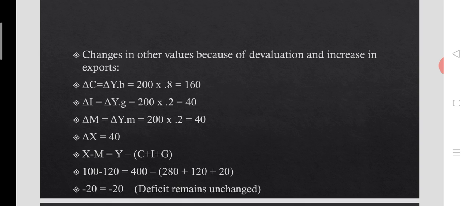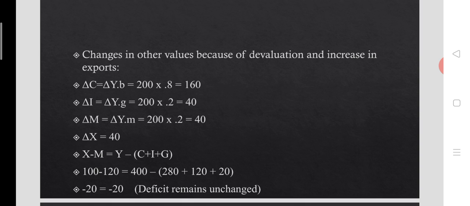And the equation here is X minus M is equal to Y minus C plus I plus G. So X minus M is the trade balance, and it is minus 20. The total export after devaluation will be 100 and total import will be 120.